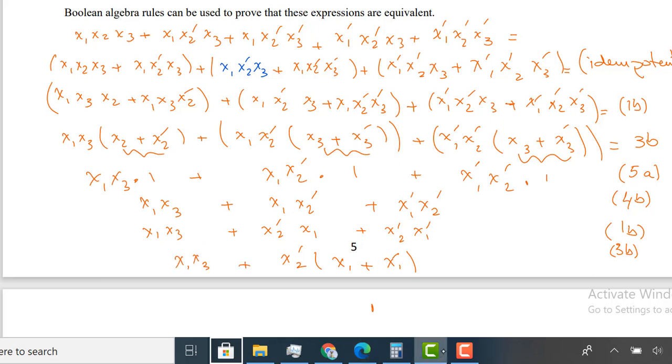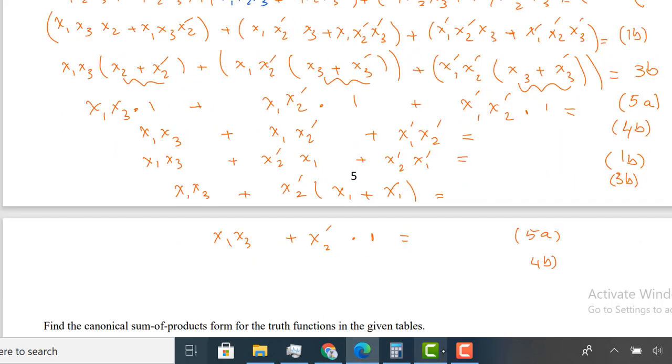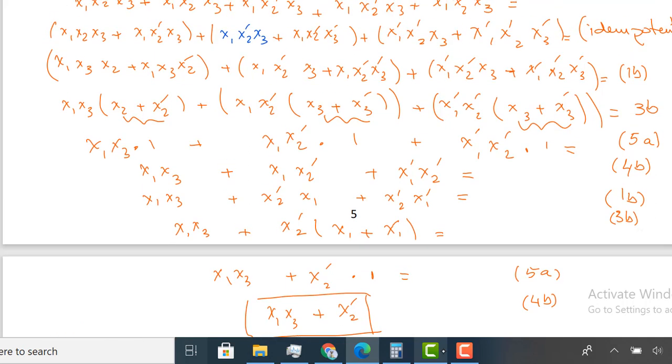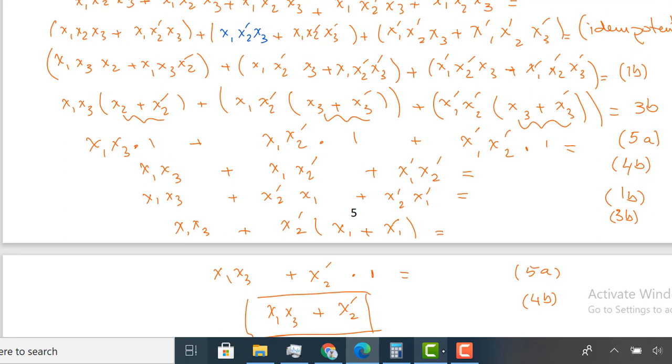And now this is 5a, and 4b again leads me to x2 naught plus x1, x3, or x1, x3 plus x2 naught, which is the last expression I needed. So this is a little bit tedious and longer, it required a lot of writing. But as I said again, section 8.3 will show us a cool method of minimizing these expressions.